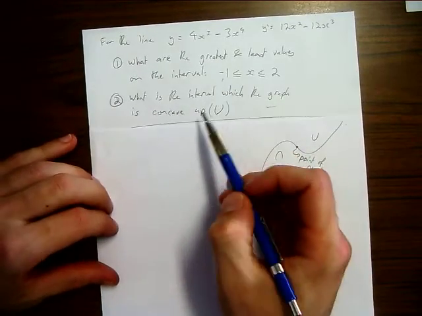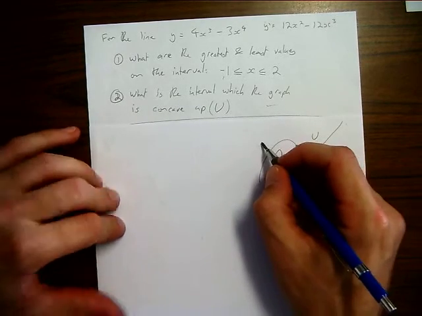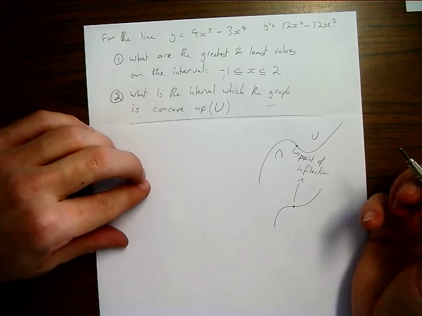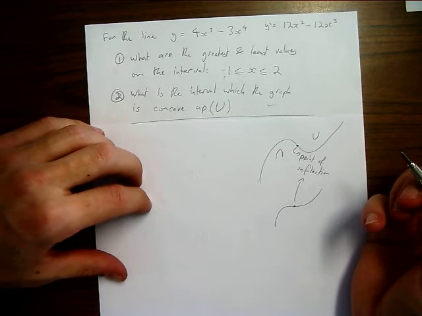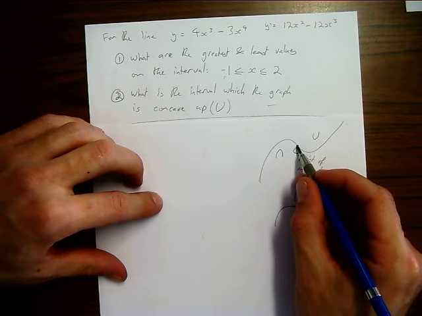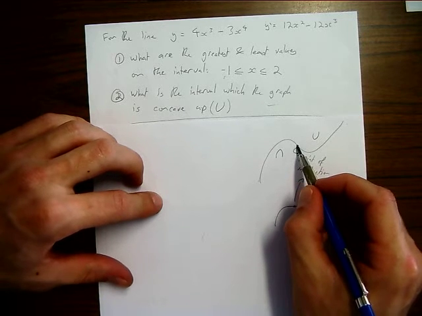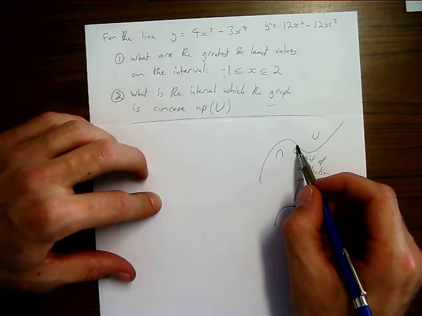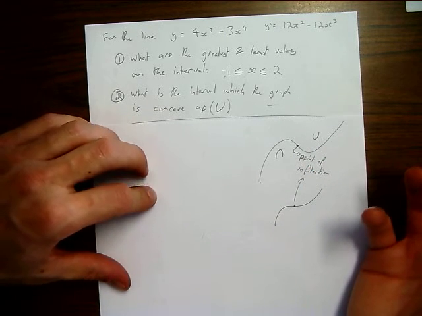So I want to know where this graph is concave up. How do we know if the gradient is increasing? What's positive? The double derivative. So the rate of change of the gradient, the rate of change of the rate of change, tells us if it's concave up or concave down.